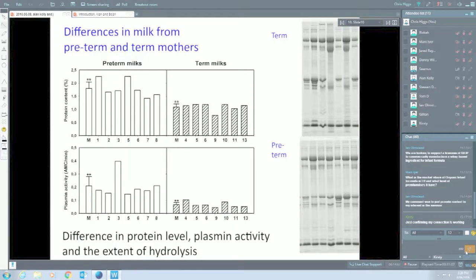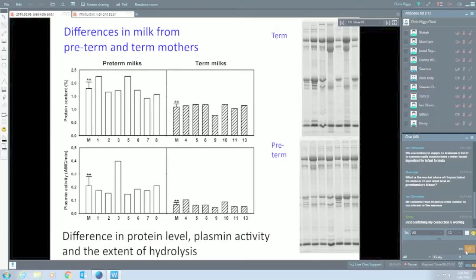First of all, on the right hand side, these barcode-type images are a different type of electrophoresis. Each of these profiles represents the protein profile of an individual mother, and we had a sample of term mothers and preterm mothers. One of the points was there's quite a bit of variation between the mothers in their specific protein profile, which is quite notable, the high variability from mother to mother in proteins.